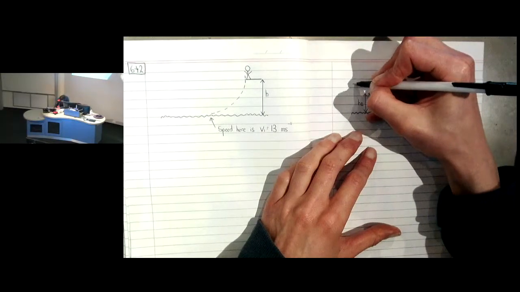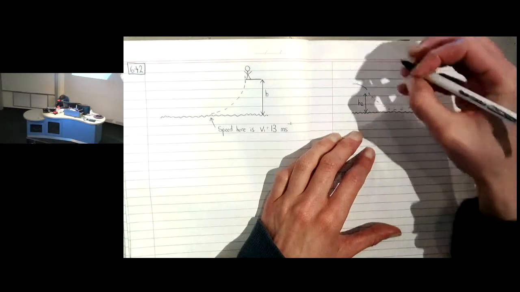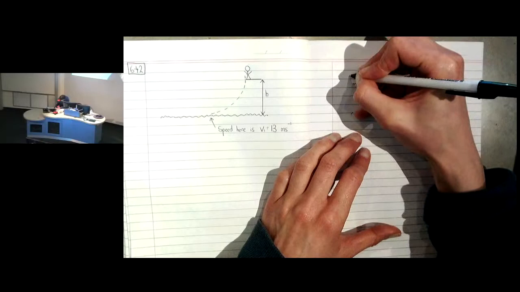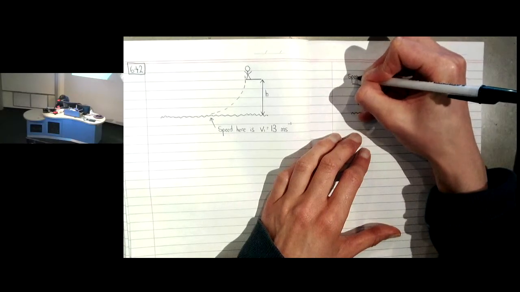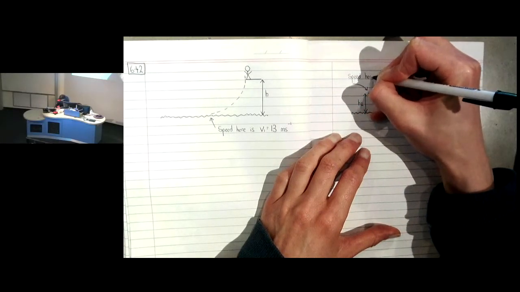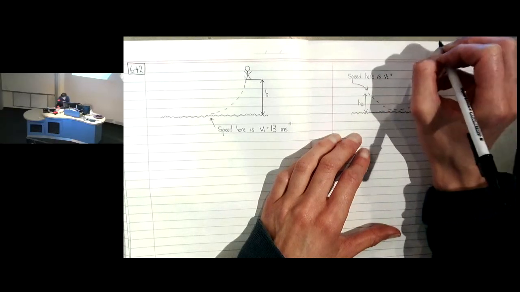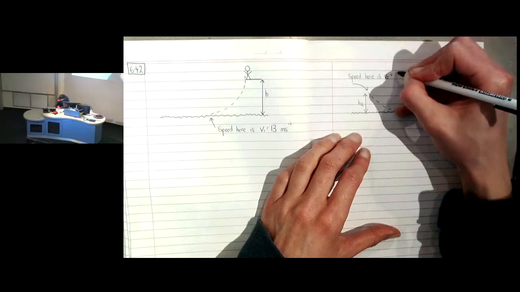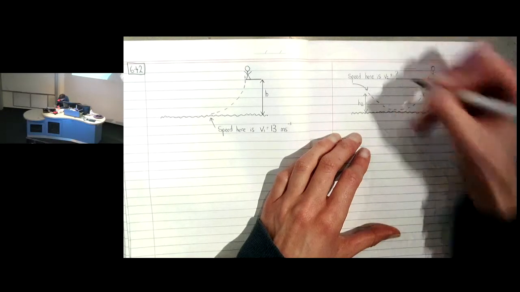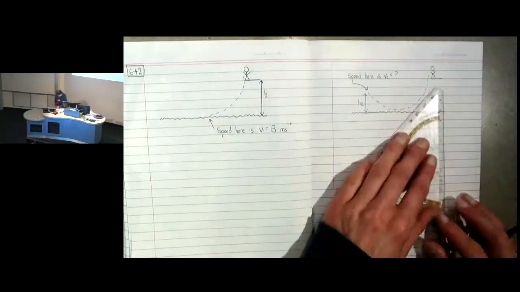And his speed here is what I'll call V2, and we don't know what that is. That's what the question wants us to figure out.